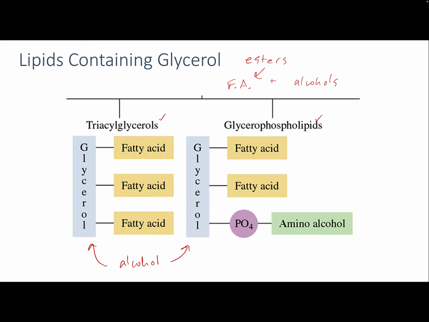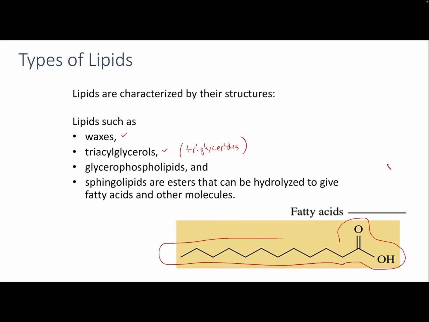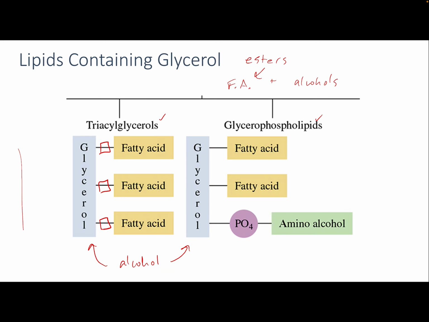Or even sphingosine. Sphingosine is going to have an amine functional group on it. We haven't looked at amides yet, but that's this bond right here. It's the ester. The fatty acid itself, we saw here, has that carboxylic acid functionality. And glycerol, which we haven't seen yet, but I can show you with just a real general.